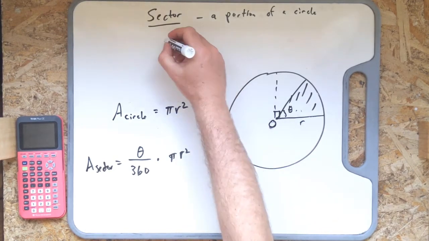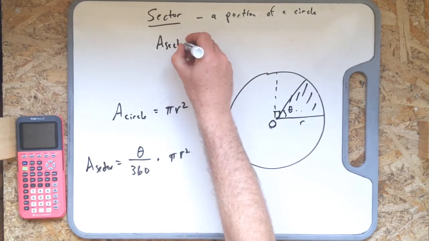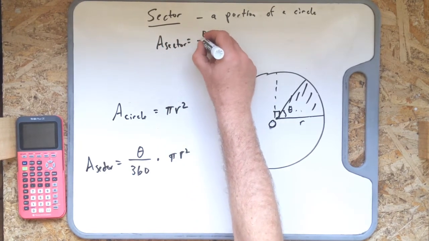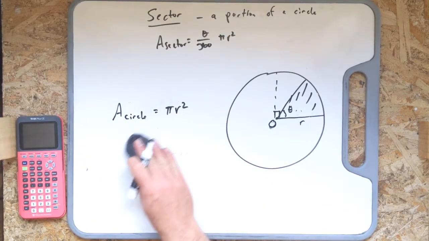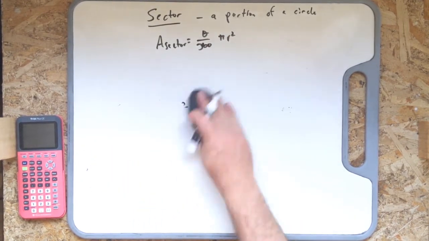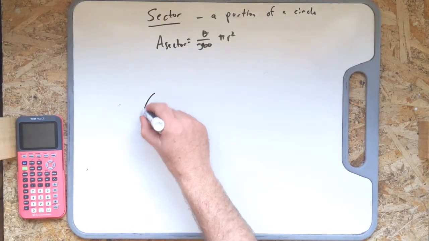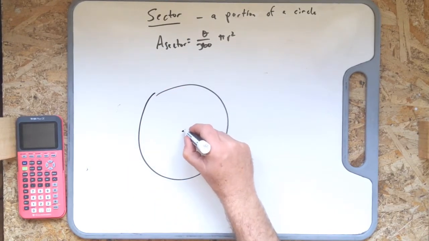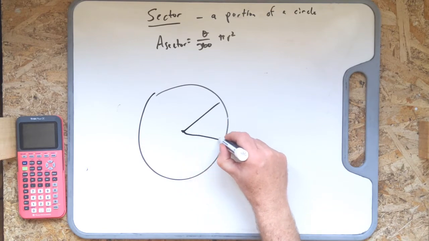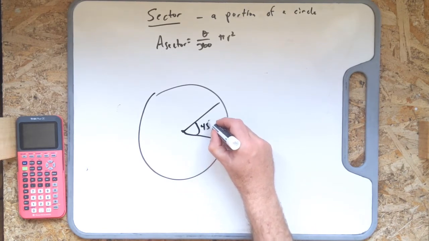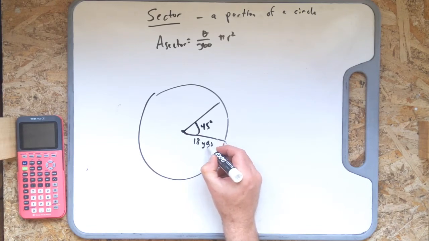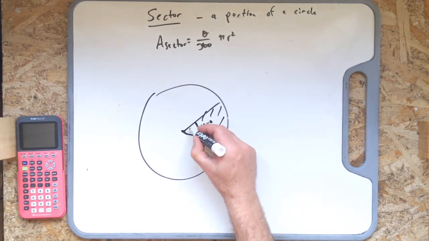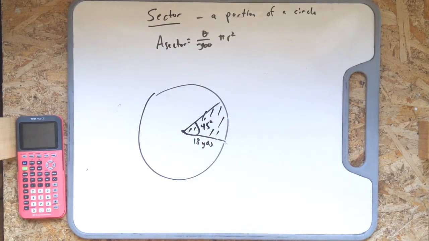I'm going to write the formula back up here. Okay. I'm going to draw a circle. Here's the center. I'm going to call this 45 degrees, and I'm going to make the radius 18 yards. Now I want to find the area of this very, very large slice of pizza.